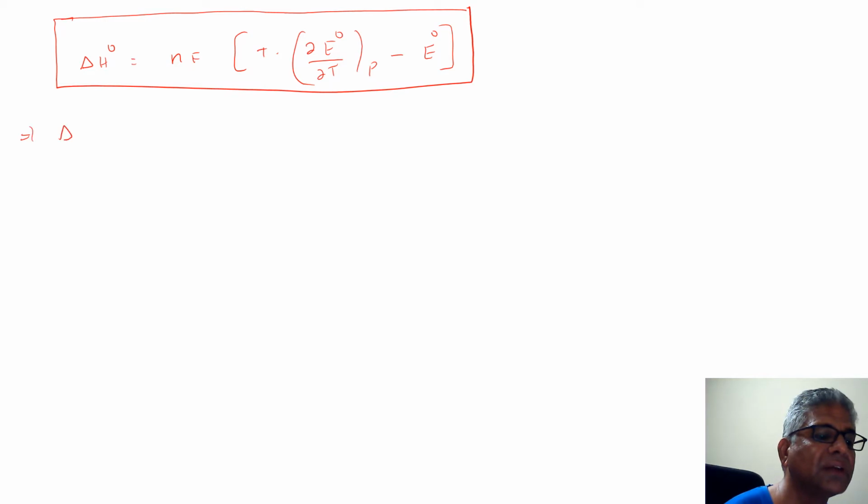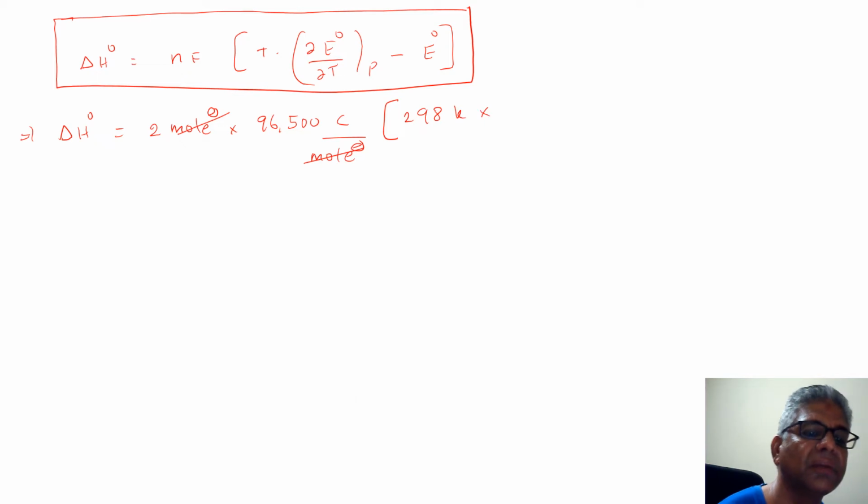So delta H0 is equal to n, which is nothing but your 2 mole electron, and then Faraday is 96,500 coulomb per mole electron. Mole electron gets cancelled. Into temperature 298 K, and then dou E0 by dou T is given as 1.5 into 10 to the power of minus 4 volt per Kelvin, minus E0, which is your 0.24 volt.